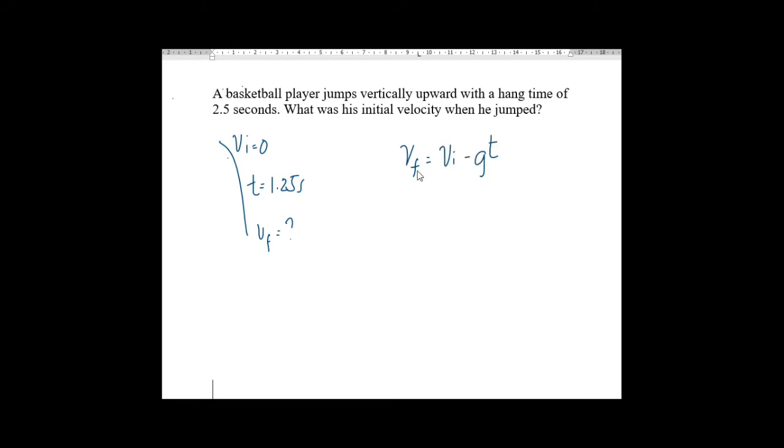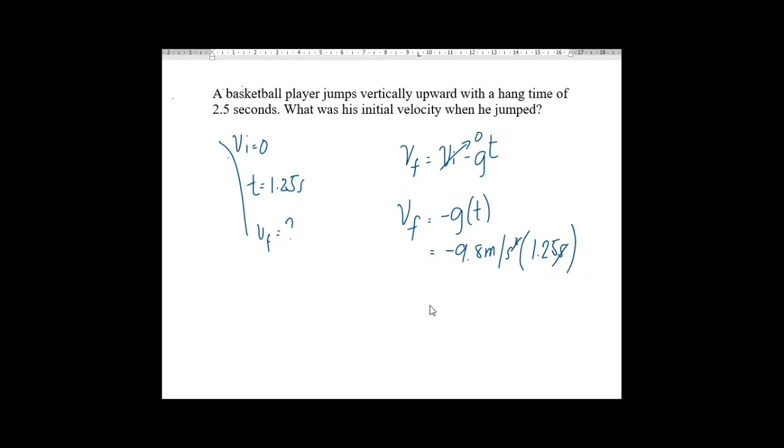But this time, what we are looking for is the final velocity, and our VI is equal to 0. So VF is just equal to negative G times time. So that's negative 9.8 meters per second squared multiplied by 1.25 seconds.